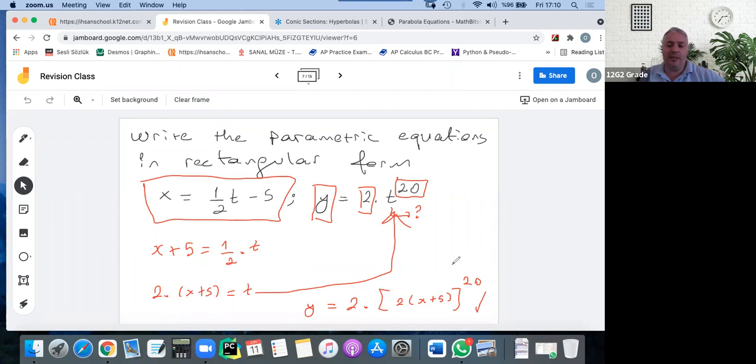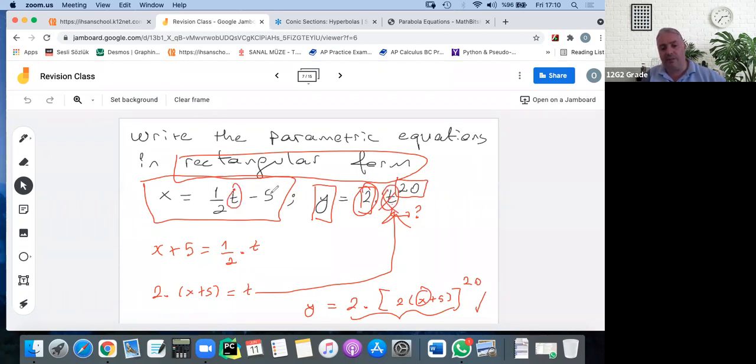How did I do it? Rectangular means y is equal to something in terms of x. So y is equal to 2 times t to the power of 20. So I should change this t. So t is here. Take this number there and express t alone and then back substitution.